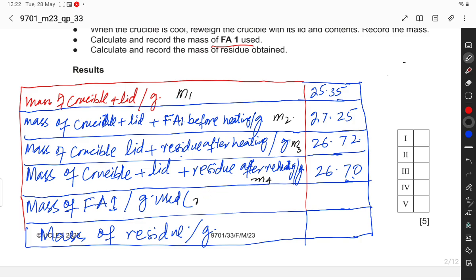Now mass of FA1 is equal to M2 minus M1, like 27.25 minus 25.35.